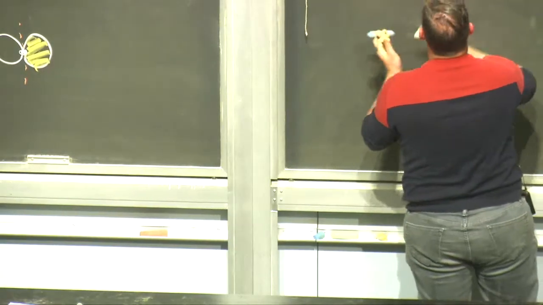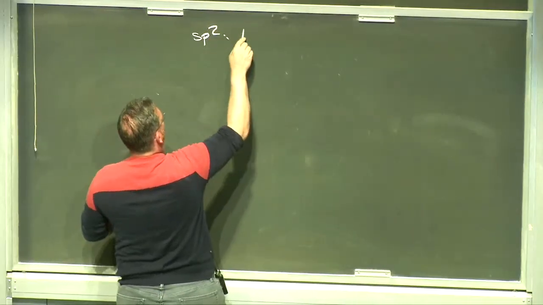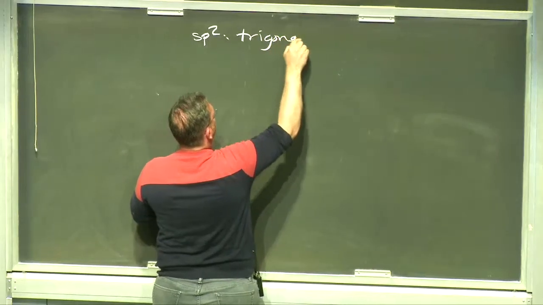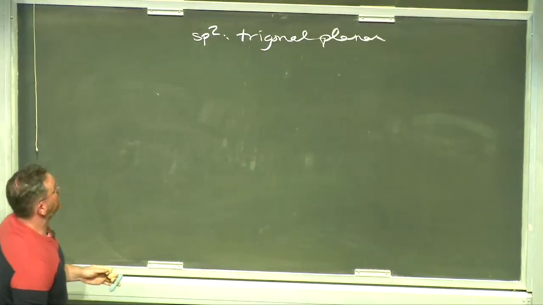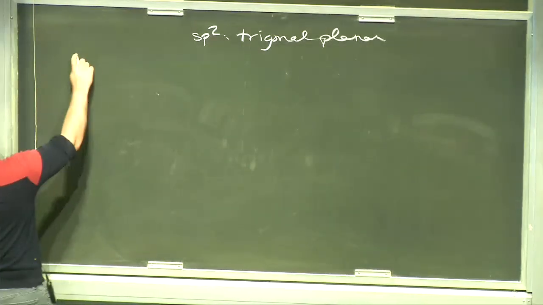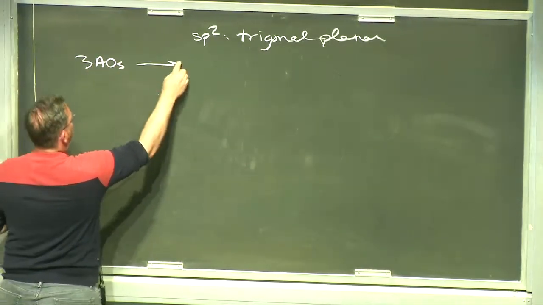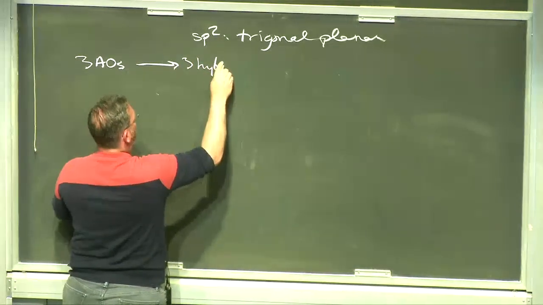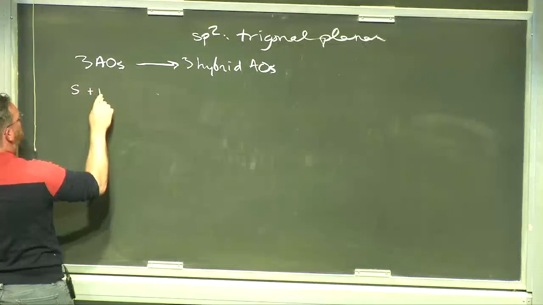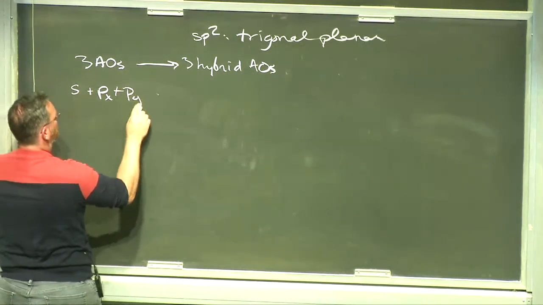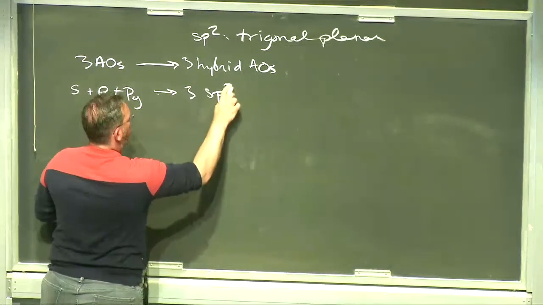If we look at sp2, we get trigonal planar. We're going to take 3 atomic orbitals to get 3 hybrid atomic orbitals. So let's say s, px, and py become 3 sp2s.